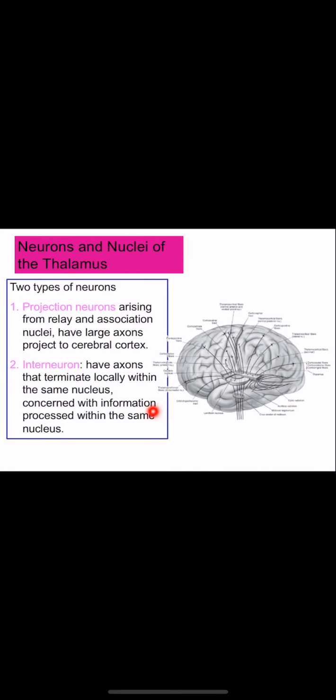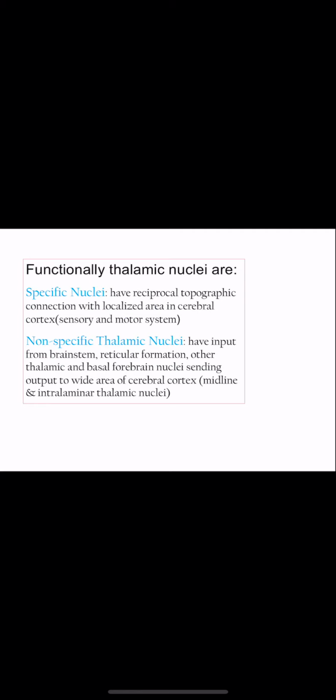The other type is the interneuron, where these interneurons are concerned with information processing within the same nucleus. So neurons either transmit information to an extrathalamic area like the cerebral cortex, and we call them projection neurons, or they are responsible for processing, integration and interpretation of information within the nucleus, and we call them interneurons.